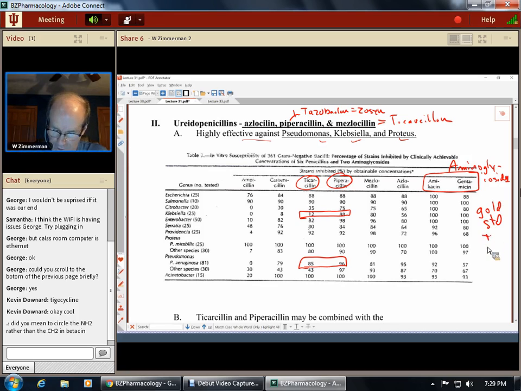Gold standard for treating gram negatives. Unfortunately, they're quite toxic, and in a way that's good. We don't use them much because of that. We'll talk about the toxicities of the aminoglycosides, but because we're not using them much, they're still quite effective. So something in our armamentarium that we're not using that hopefully will be around for a while.